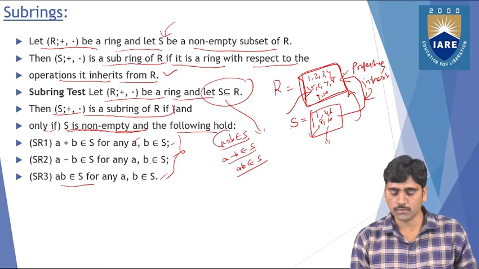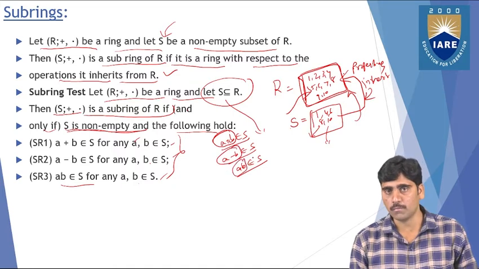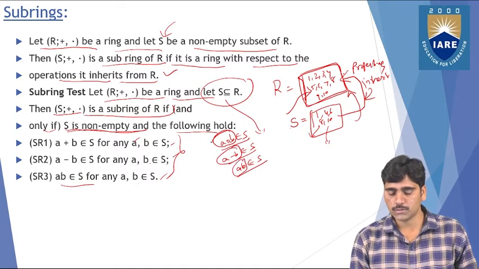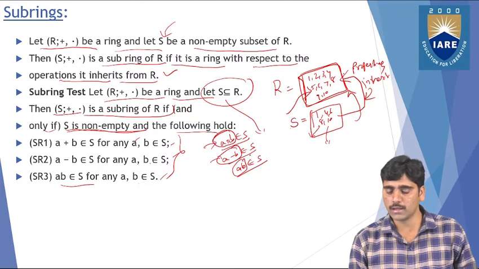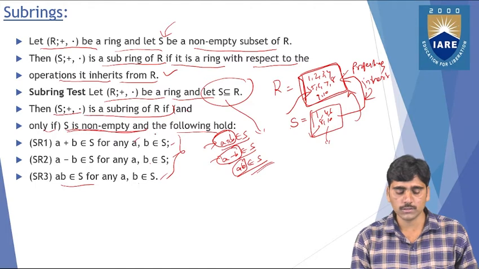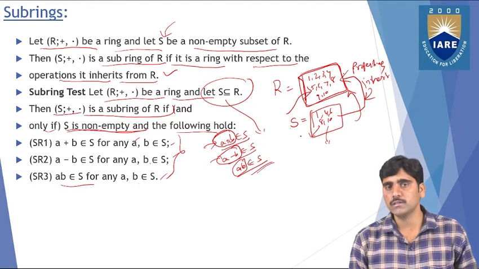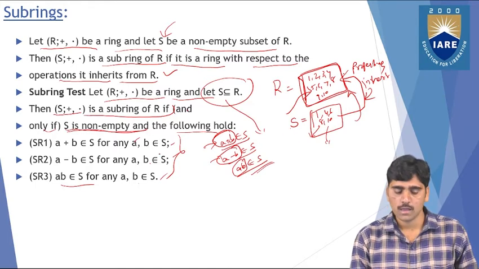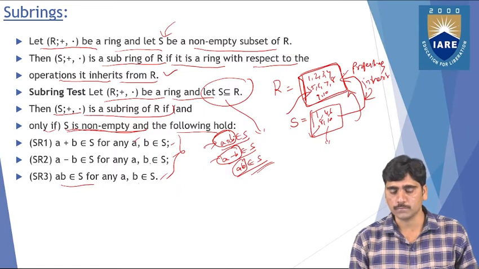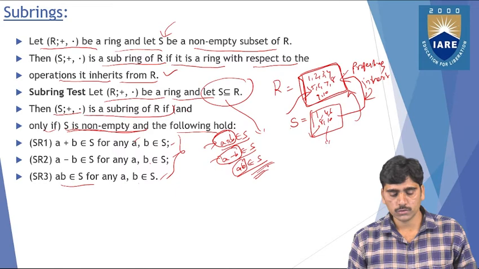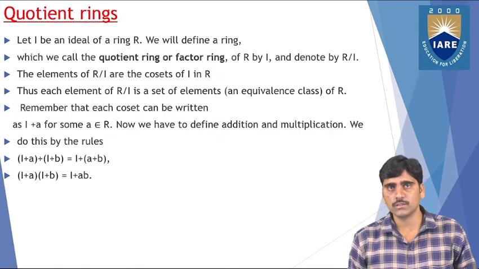That means it follows the A plus B form, the A minus B form, and the A dot B form also. If it satisfies them and the result again is an element of the subring, then it is said to be a subring. This is the way you can perform the testing on a subring, and understand the subring concept.